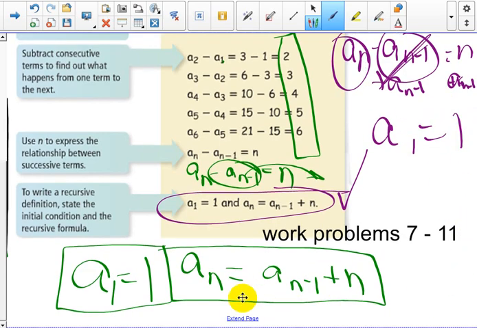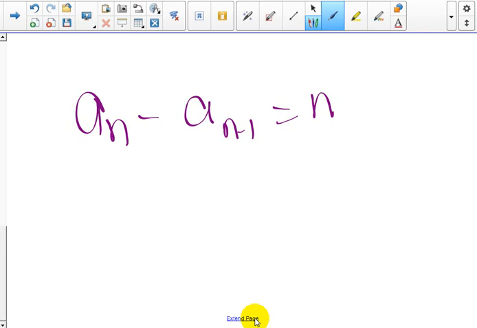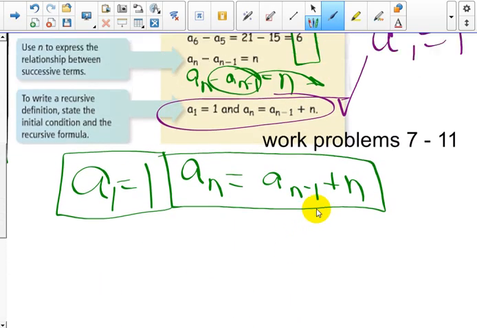We knew that the current term in the series minus the previous term, which we're going to say is n minus 1, is just equal to n. And that held true for all the blocks in this picture.